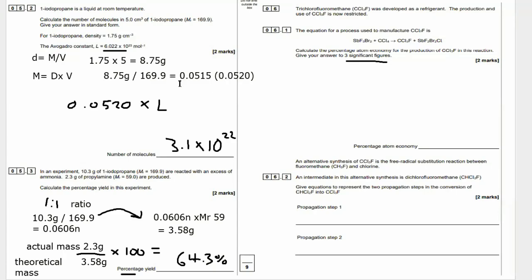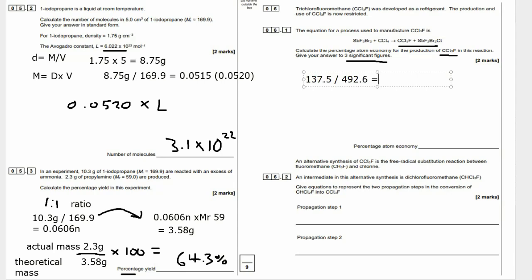Okay. All you have to do here is add up your useful product, which is the CCl3F, take the MR of that and divide it by the MR of both of the products. If we put all those numbers together, we're going to get 137.5, and we're going to divide that by 492.6.